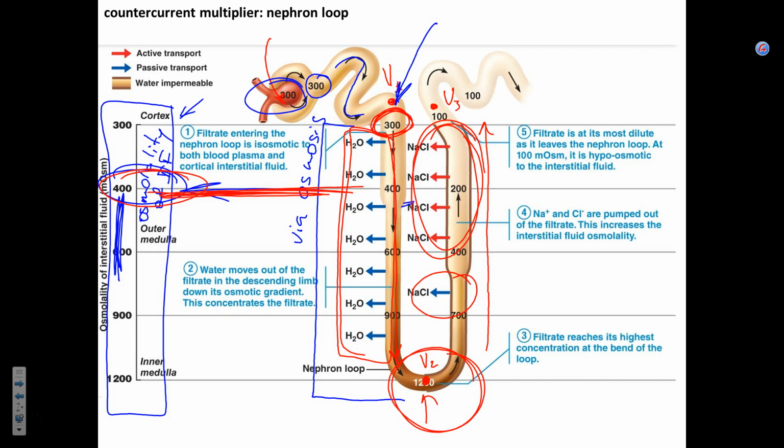Nothing else can go through, just water. We clear? The filtrate reaches its highest concentration at the bottom of the loop, and then starts to move up, and the salts get reabsorbed, mainly sodium chloride. So the ascending limb is permeable only for sodium chloride. Water doesn't go anywhere. We clear?